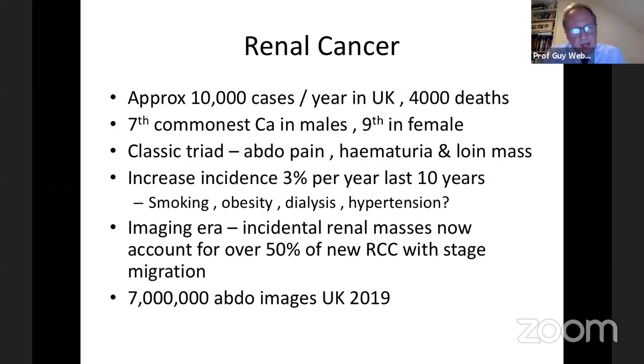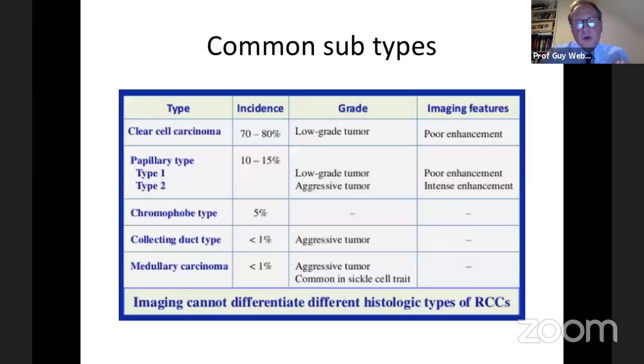And in the UK, my estimate was that last year we probably requested about 7 million abdominal images of CT, MRI and ultrasound combined, 7 million images. So that results in potentially a lot of pictures of the kidney.